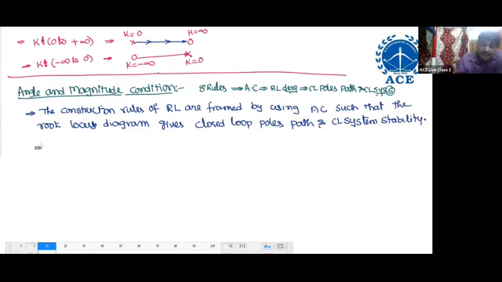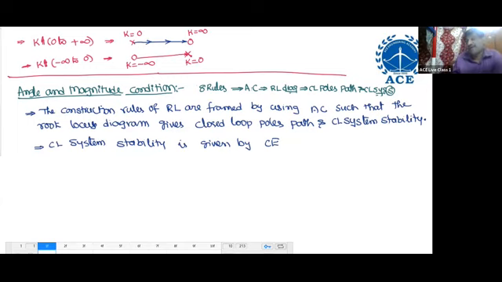Next, the closed loop system stability is given by the characteristic equation. When you say characteristic equation here, two things come into the picture. One is what?